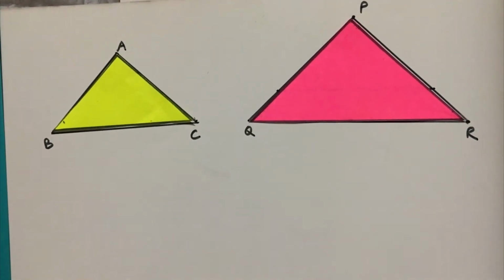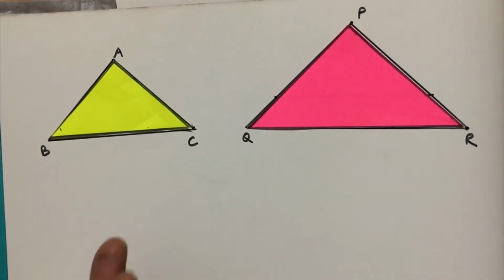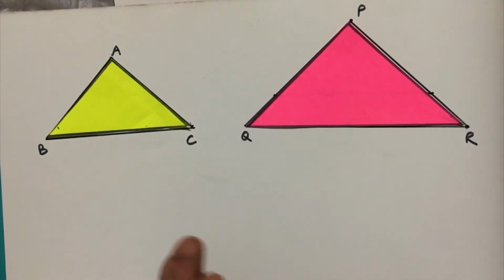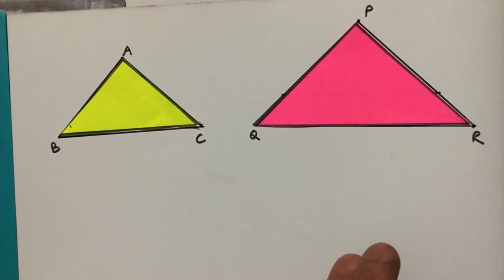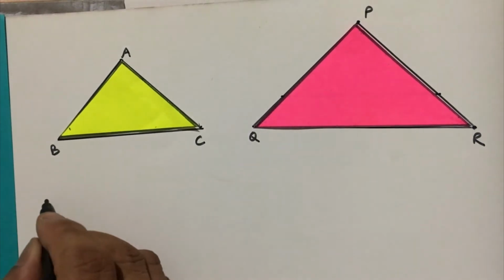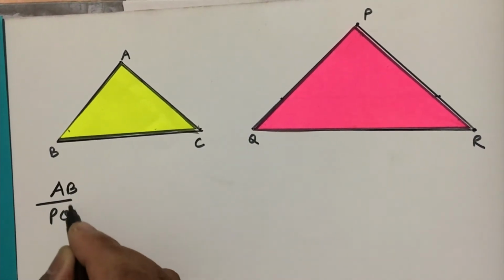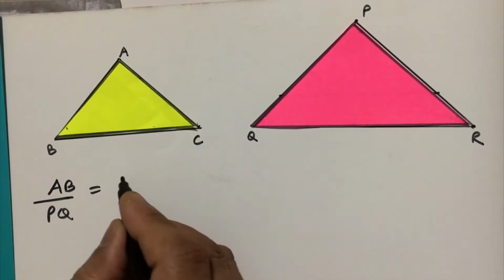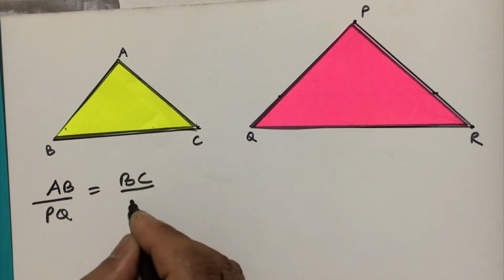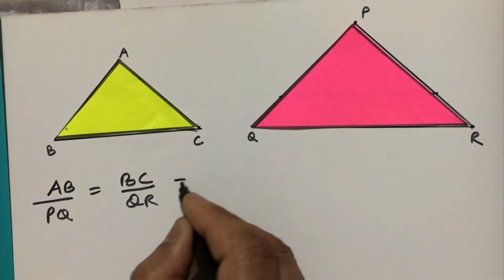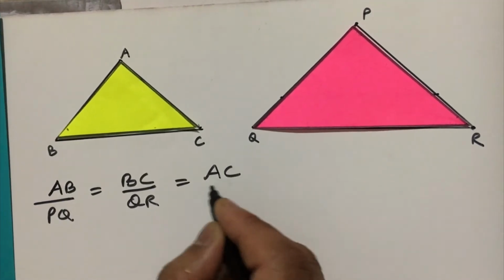Let us cut out two triangles ABC and PQR with their corresponding sides proportional, in this manner: AB by PQ is equal to BC by QR is equal to AC by PR.